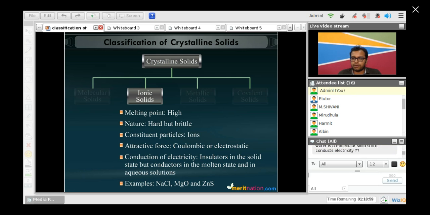Water is a molecular solid, still it conducts electricity. So, water conducts electricity in its liquid state, right?